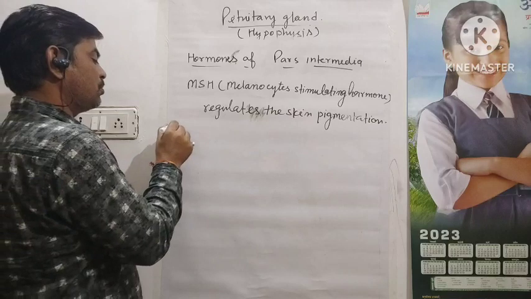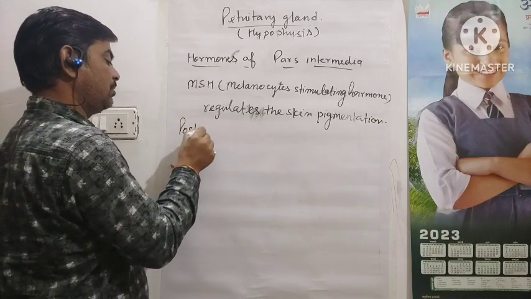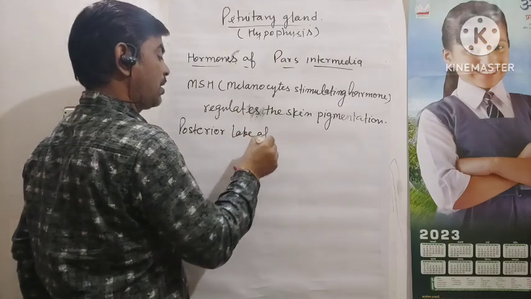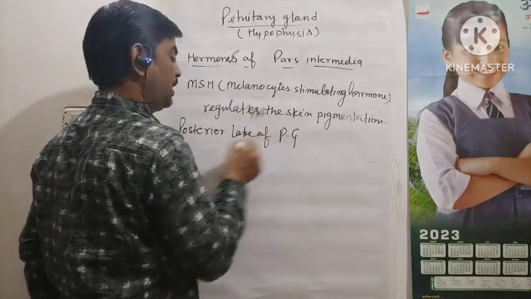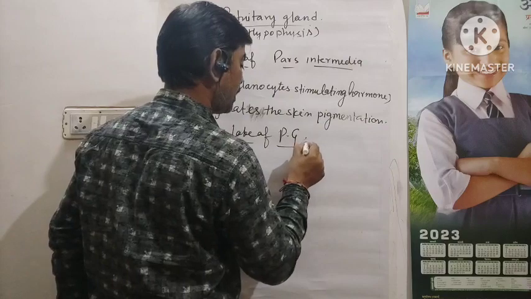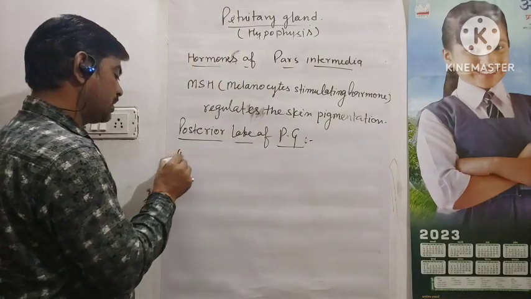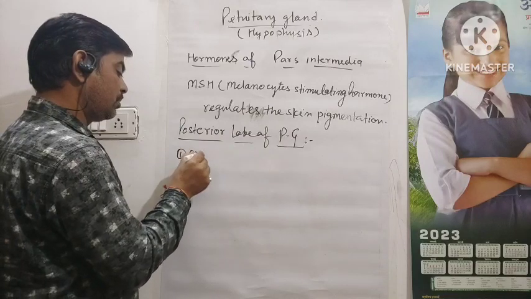The pars nervosa, that is the posterior lobe of pituitary gland, secretes two hormones. One is oxytocin.